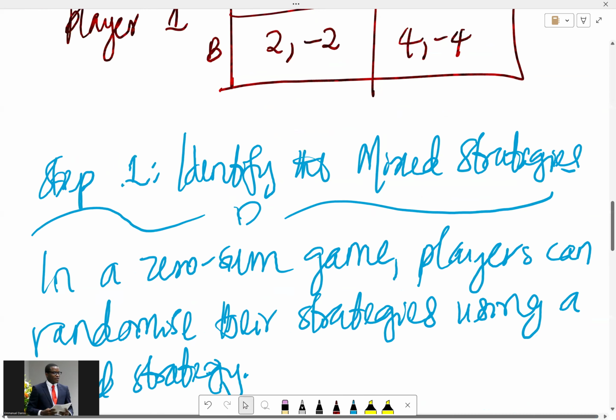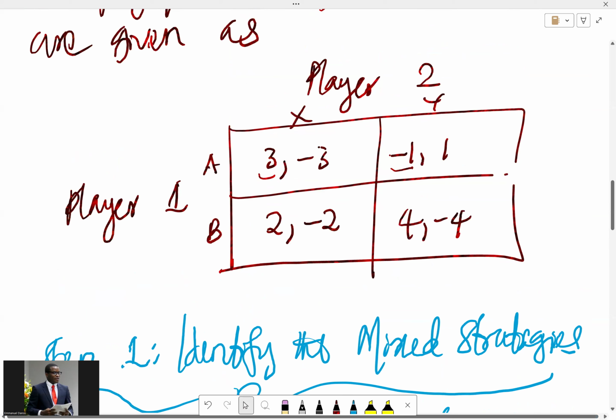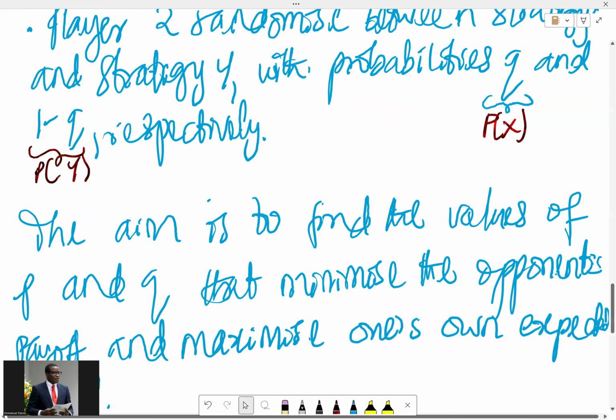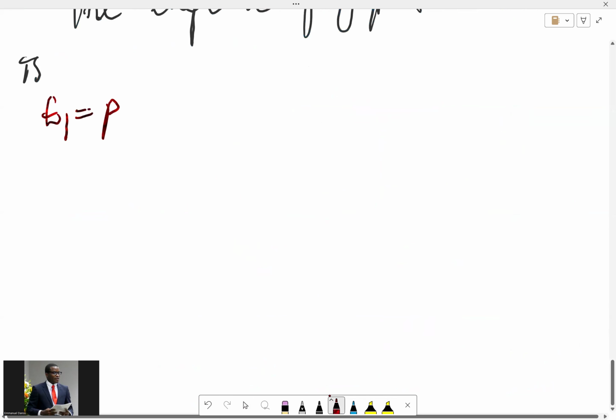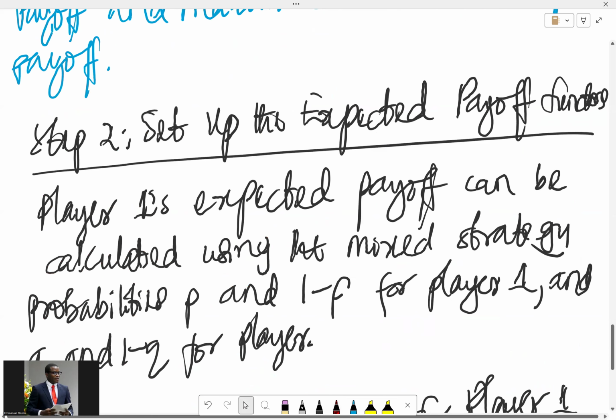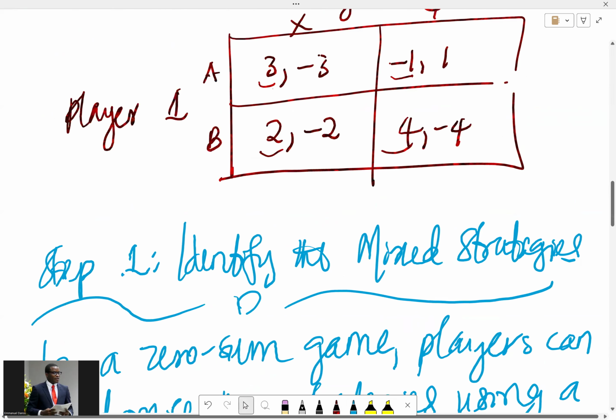So, from all we have up here, right? We are focusing on player one, and the payoffs of player one are these: 3, minus 1, 2, and 4. So we have P. That's the probability that player one gets this. So if player one gets this, player two automatically gets minus 3, right? So for strategy A, we have 3 and minus 1, right?